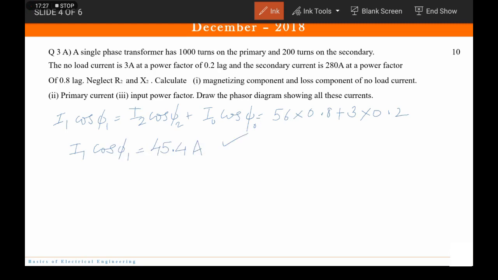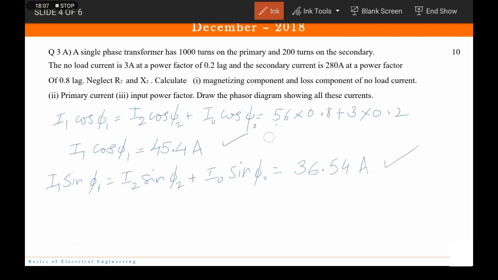Remember, this is the horizontal component of I1. Similarly, the vertical component I1 sin phi 1 would be I2 sin phi 2 plus I0 sin phi 0. Now we have all the values, so that comes out to be 36.54 amperes.